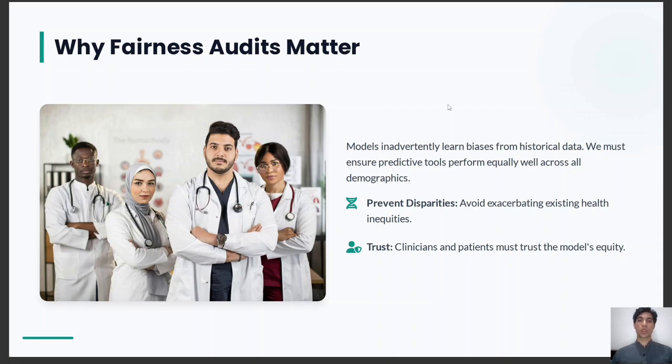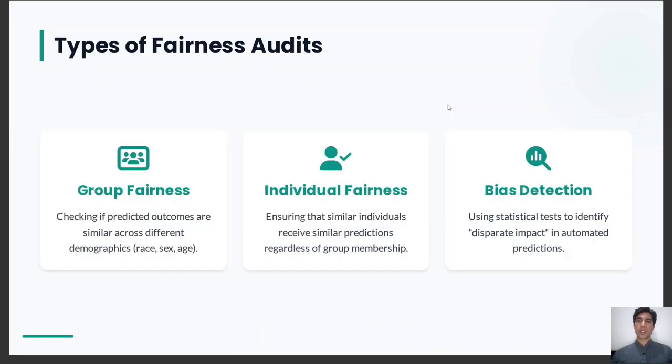So we must ensure predictive tools perform equally well across all demographics, and our model does not learn a bias against a specific group of people. We need to prevent disparities and we need to have the trust of clinicians and patients. So there are three types of fairness audits.